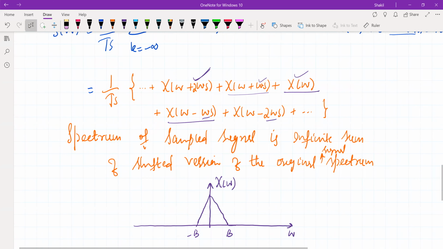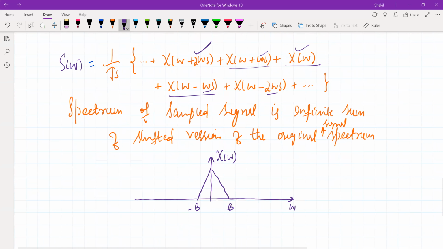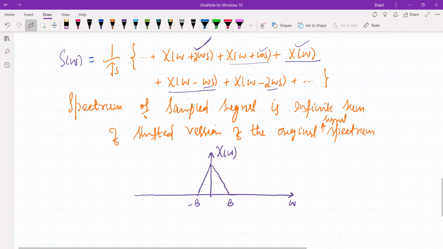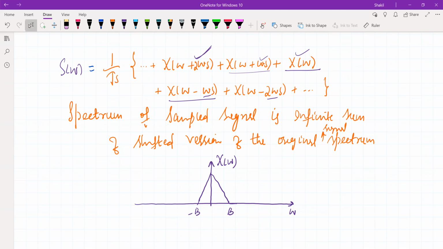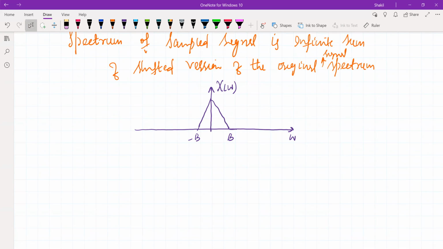But what is the output S of omega? S of omega is simply an infinite sum. If I draw the spectrum, I have to draw the infinite versions of the same X of omega. To draw it, we'll discuss three cases.